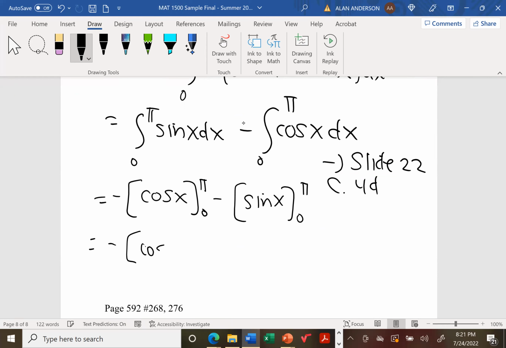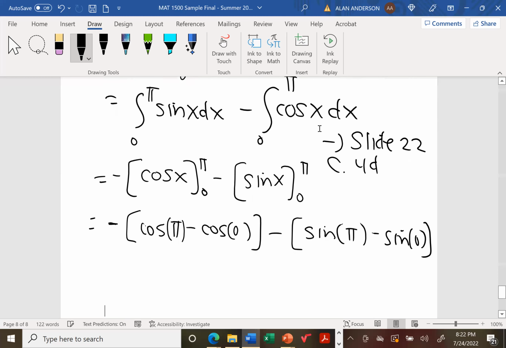So we'll have cosine pi minus cosine 0. And remember, this negative is out here. And then we'll subtract sine pi minus sine 0.